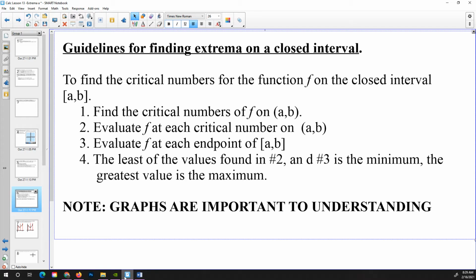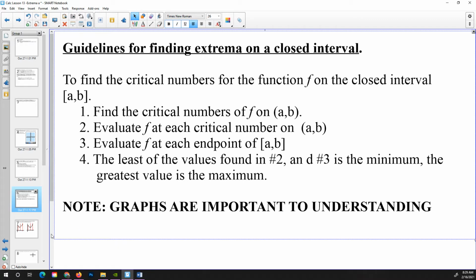Second, we're going to evaluate f at each critical number on a to b. Third, we're also going to evaluate the endpoints at a and b. And number 4, the least of the values found in number 2 and number 3 is the minimum, and the greatest value is going to be the maximum.